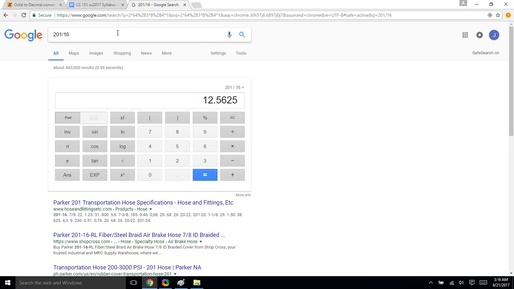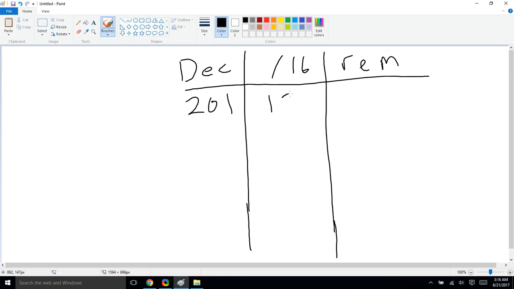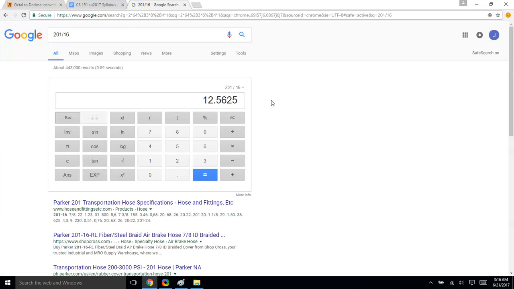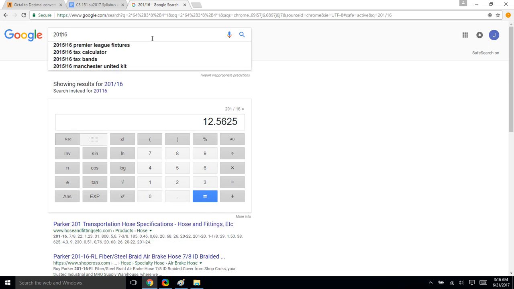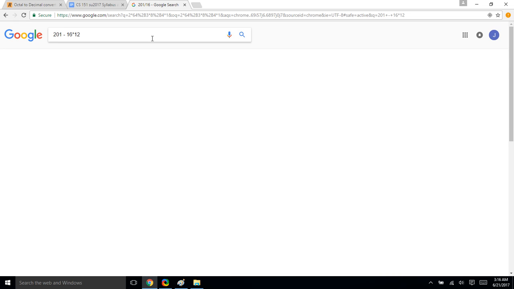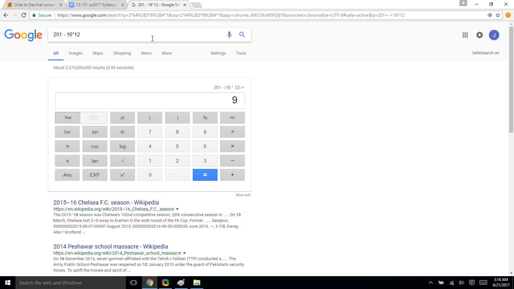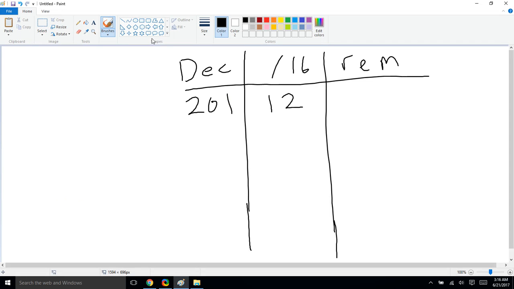Okay, so that goes in 12 times, and we get a remainder of 9. Okay, so then we have 12 here. 12 divided by 16 goes in 0 times, and there's a remainder of 12.